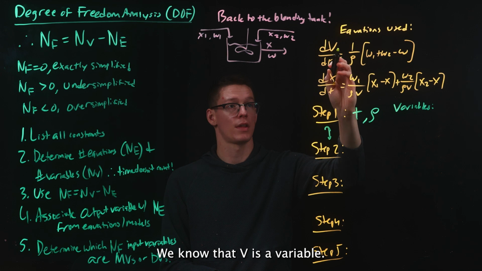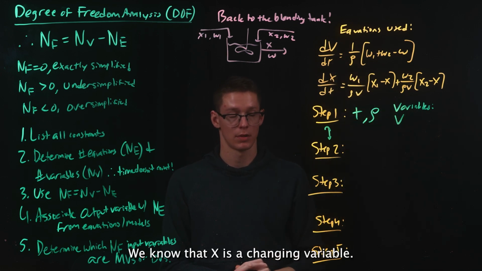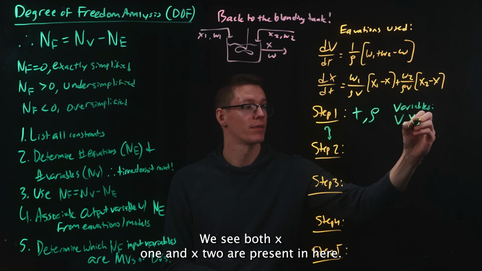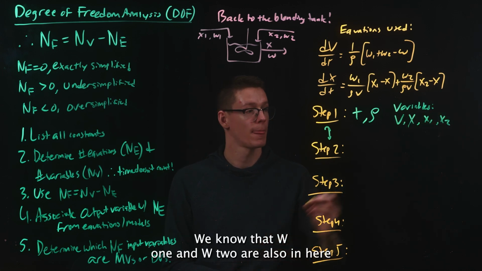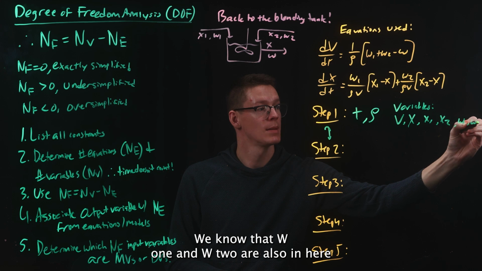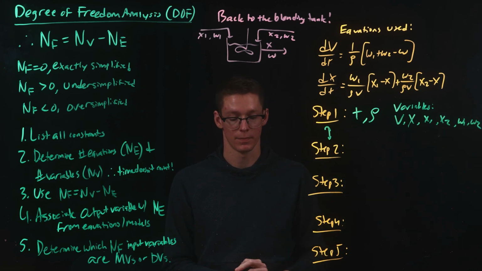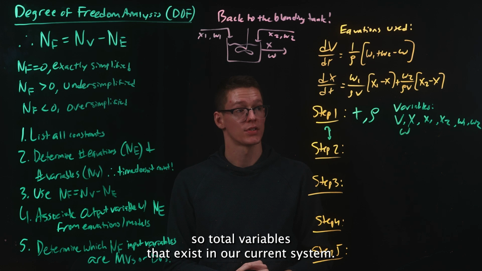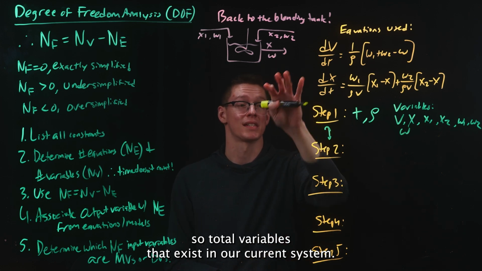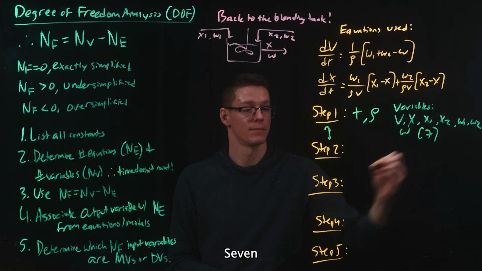We know that v is a variable, it is changing. We know that x is a changing variable. We see both x1 and x2 are present in here. We know that w1 and w2 are also in here. And we also have w. So total variables that exist in our current system, 7.